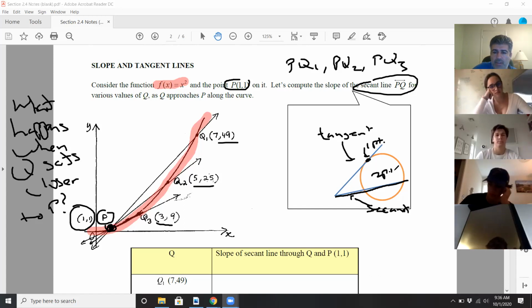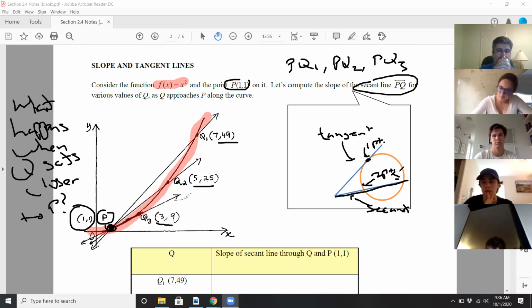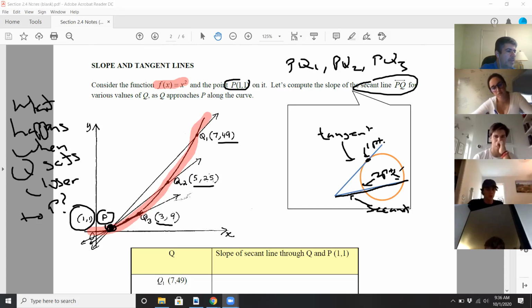Here, the secant touches the circle at 2 points. So that's where that terminology comes from. Again, we're looking at secant lines, and we're ultimately going to look at tangent lines. Now, very, very simple demonstration, but it's going to lead us to a very big idea at the bottom of this page here.